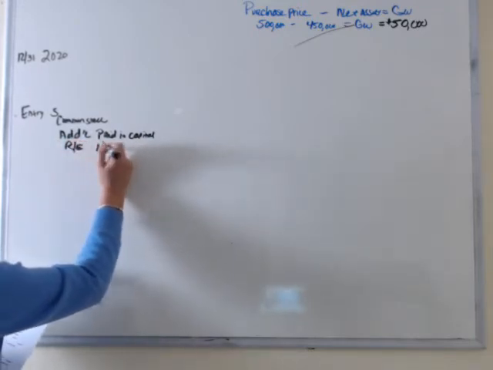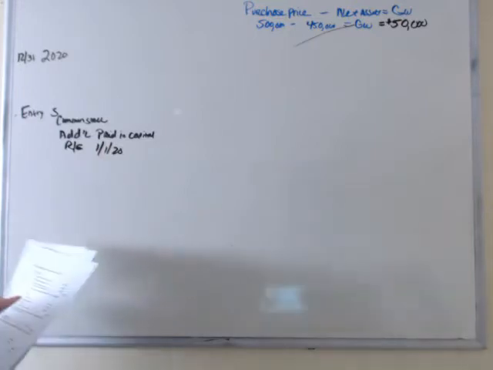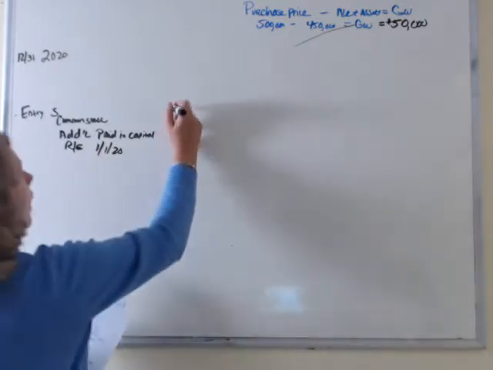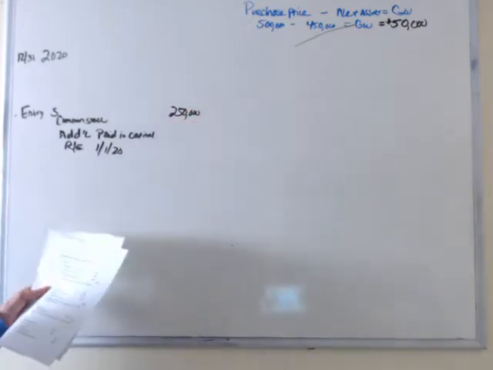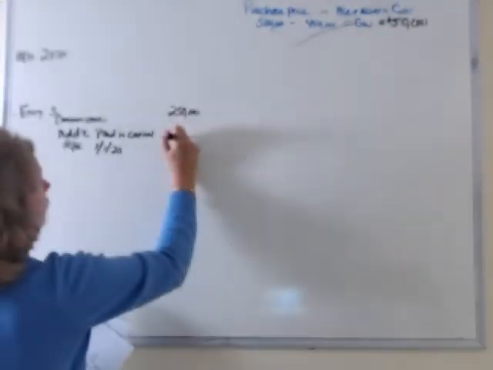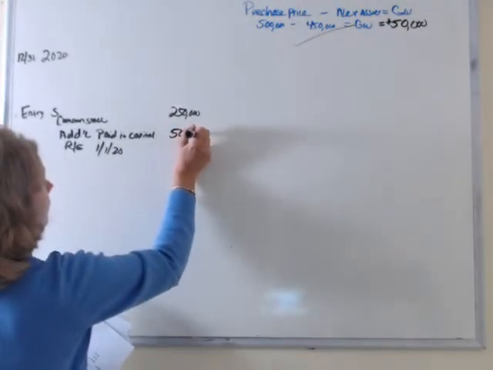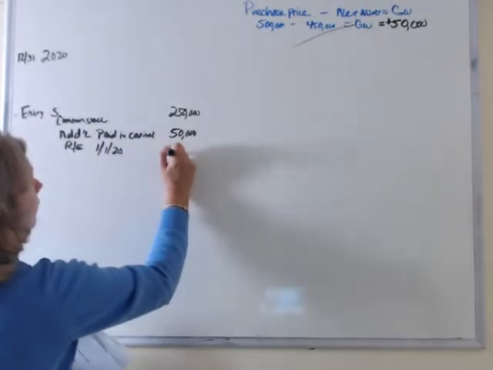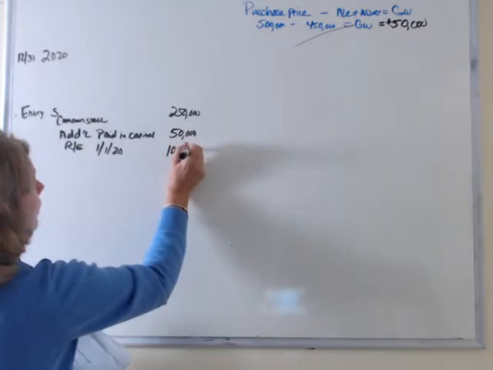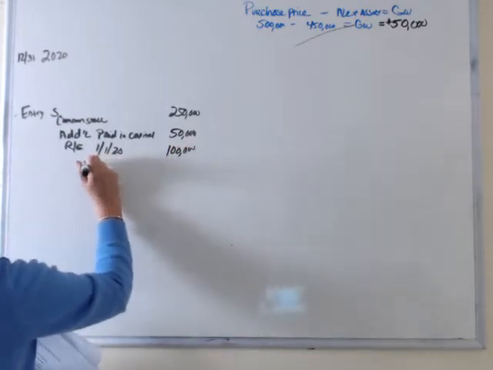This is 1/1/20. Okay? All right, so we got common stock, 250. We've got additional paid in capital, 50. We've got retained earnings, 100. And then we credit the investment account.